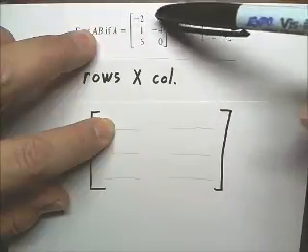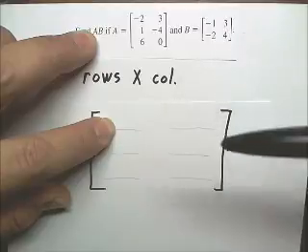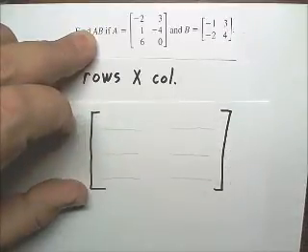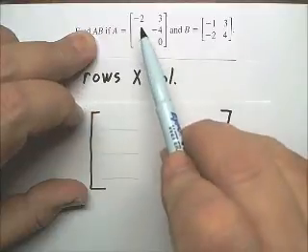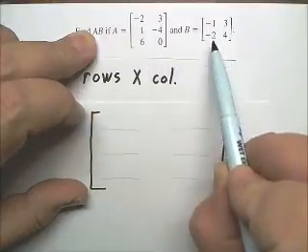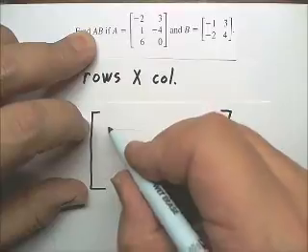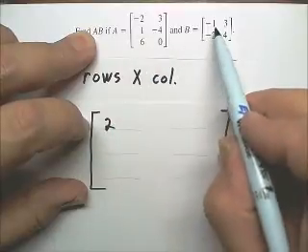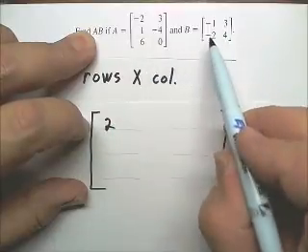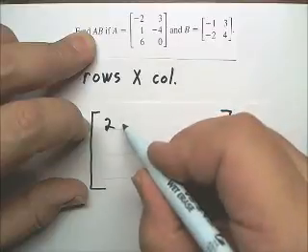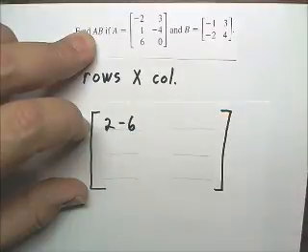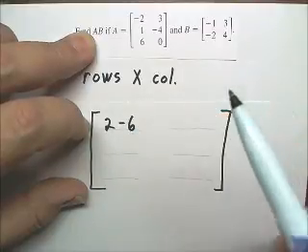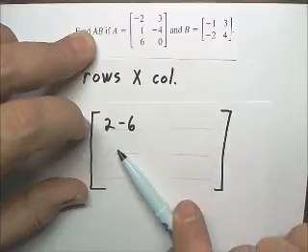So -2 times a -1, and a 3 times a -2. So -2 times -1 is +2, and we'll add that to 3 times a -2, so that's going to be -6. We'll have a 2 minus 6 there.